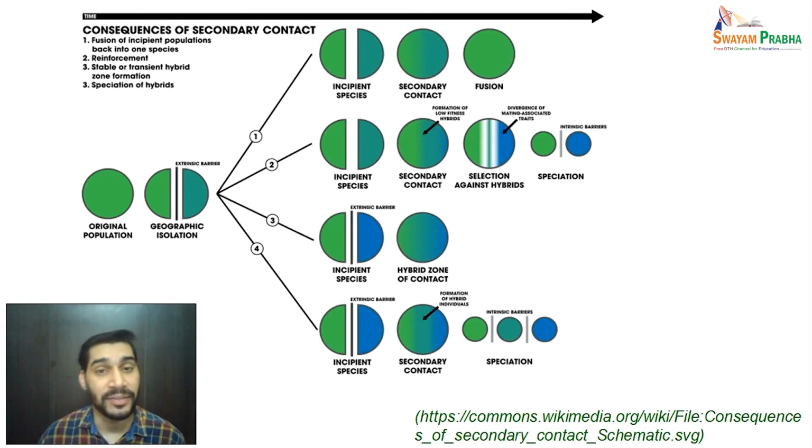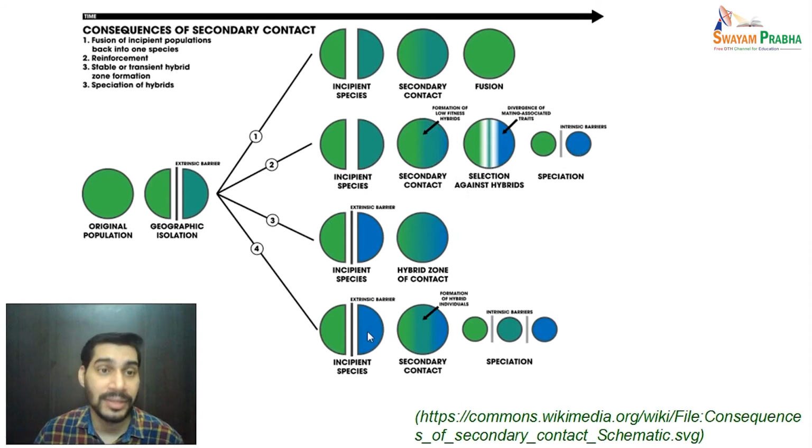In the second case, the incipient species undergo a phenomenon called reinforcement. Here there is a formation of low fitness hybrids, but there is selection against hybrids, due to which there are two different species with no hybrids in between. The third case can be a stable or transient hybrid zone formation between the two.